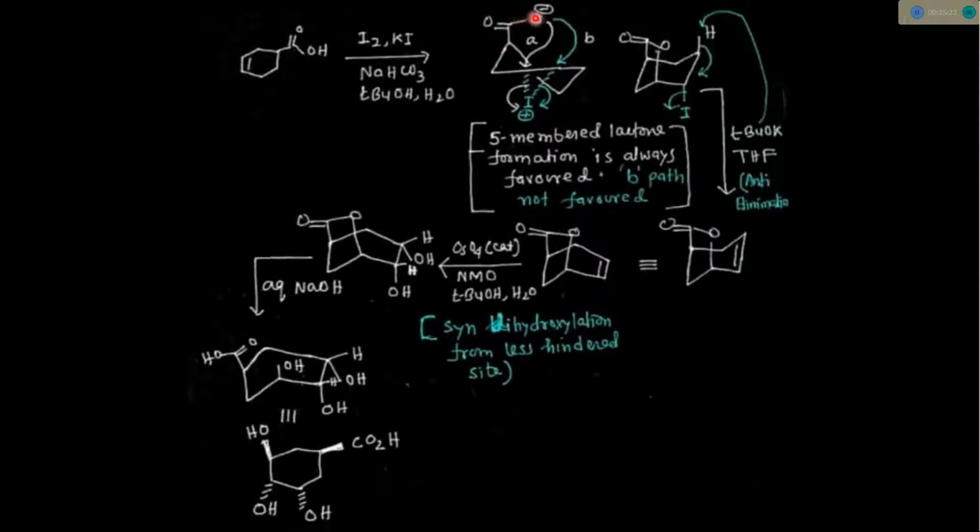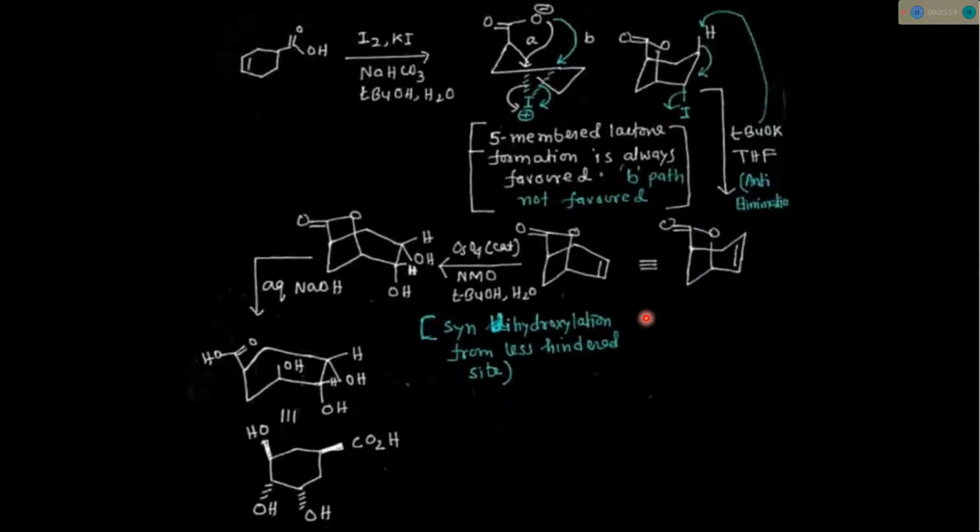If this carboxylate anion attacks this carbon, then a 6-membered lactone is formed.